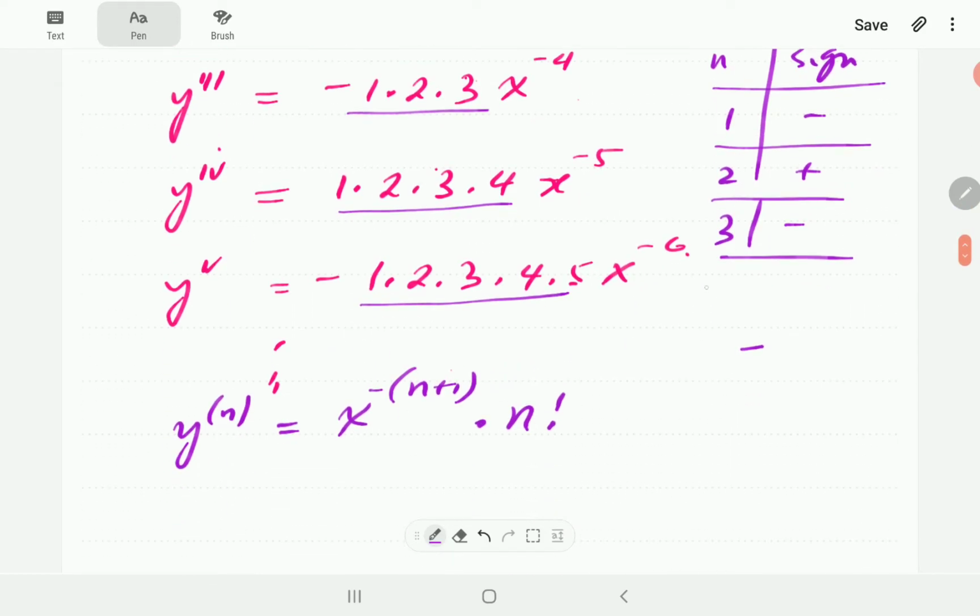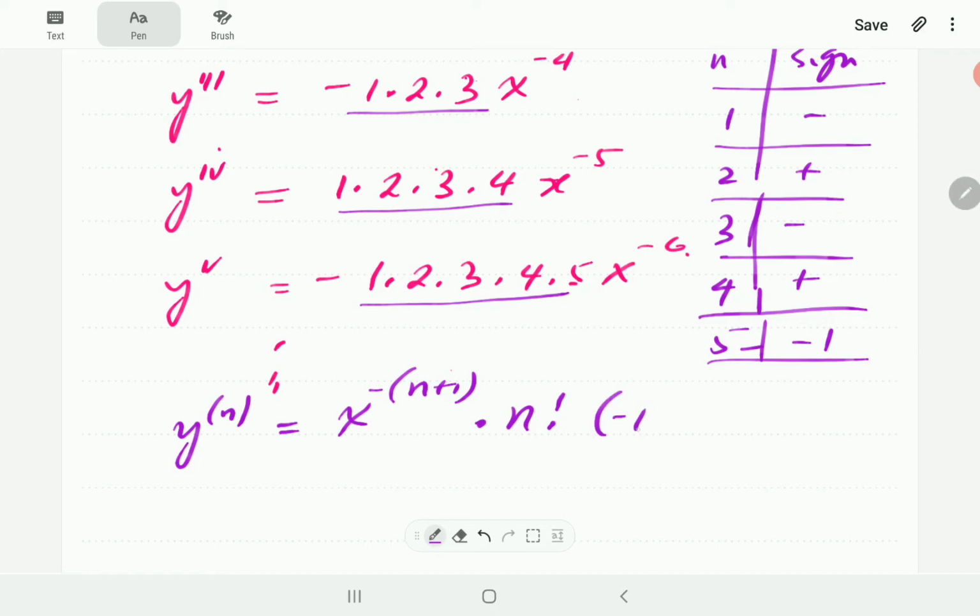So the pattern that is developing here appears to say that for odd n we want a negative. So that is achieved through powers of -1.